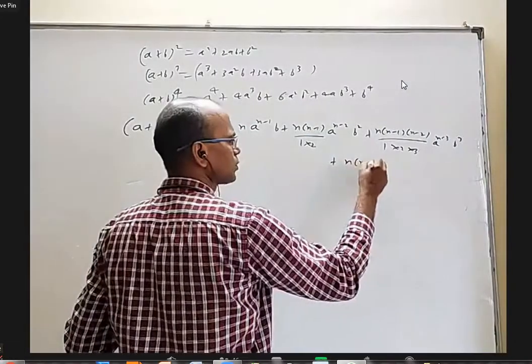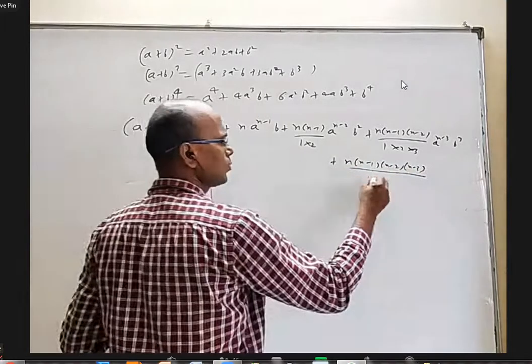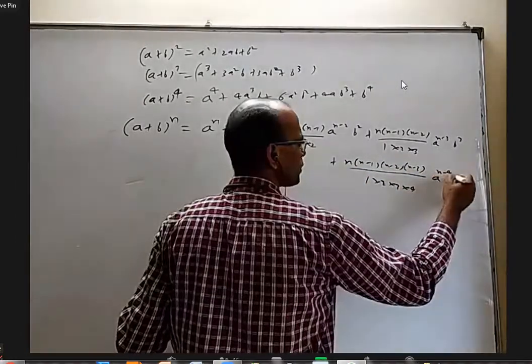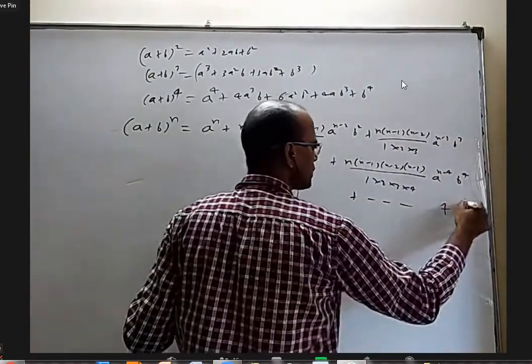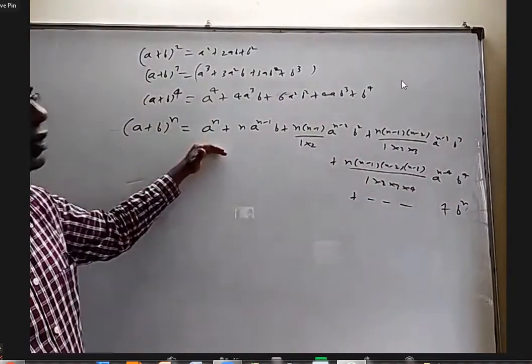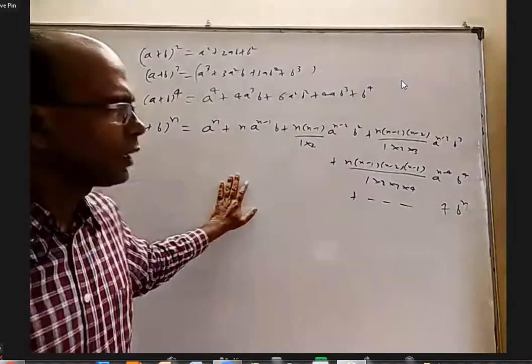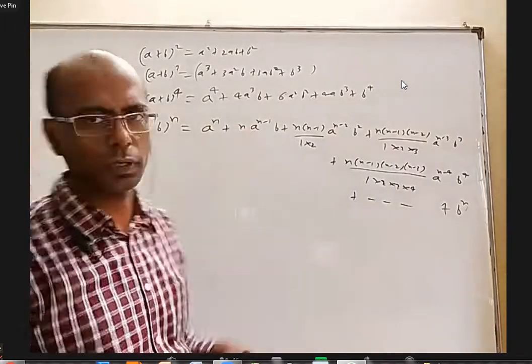Next, n into n minus 1 into n minus 2 into n minus 3 by 1 into 2 into 3 into 4 into a power n minus 4 into b power 4. And so on, at the last b power n will come. So this is a general version of all these things together, (a plus b) whole power n. It's called the binomial theorem. How it is derived, how the formula came, right now don't worry. Just take the formula.